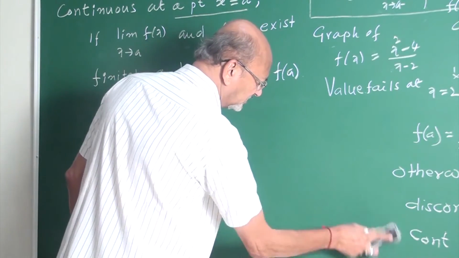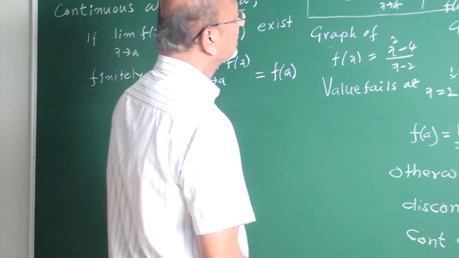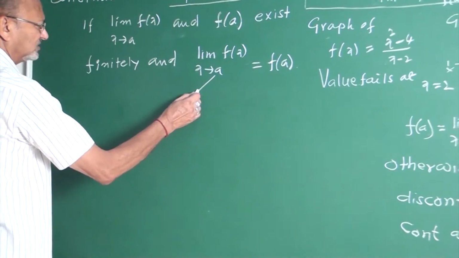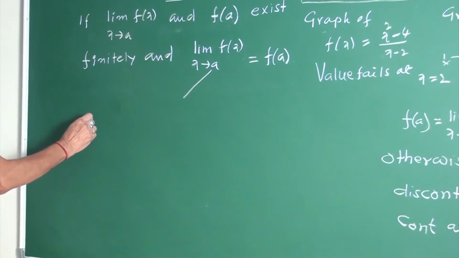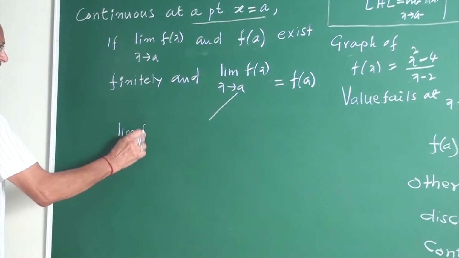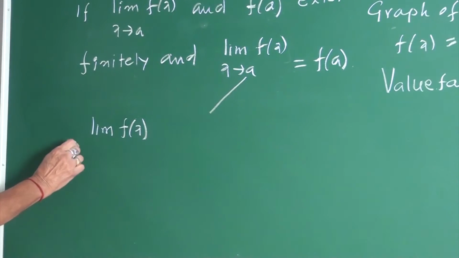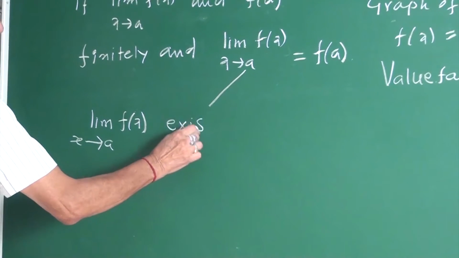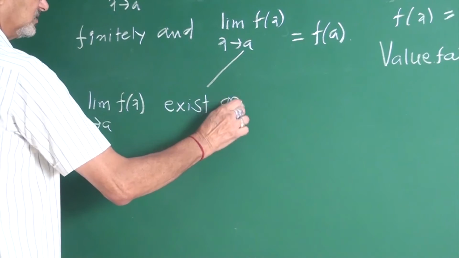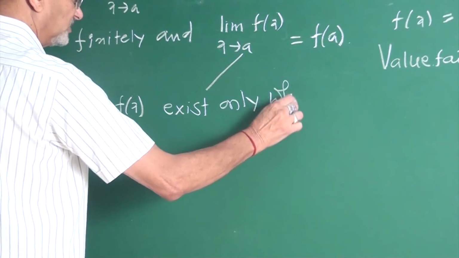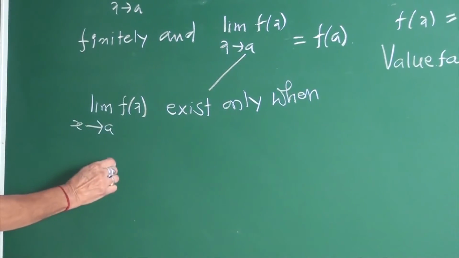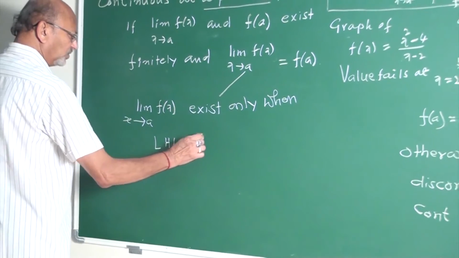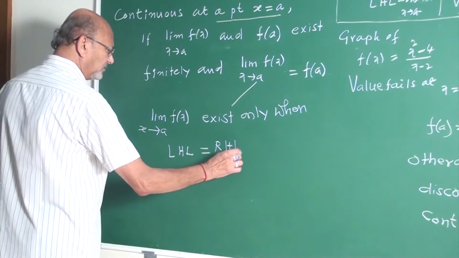Once again, the limit of a function as x tends to a exists if and only if the LHL, the left hand limit of the function, is equal to the right hand limit of the function.